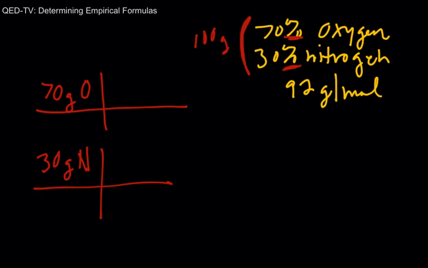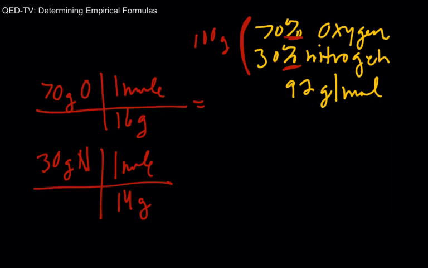So I'll say 1 mole of oxygen is 16 grams. When we're doing these problems, we just look straight off the periodic table. Whatever it is in the periodic table, that's what we're putting here. And 1 mole of nitrogen is 14 grams. So if I calculate this out on my calculator, what we normally want to do is write this out to about the thousandths place to make it safe.